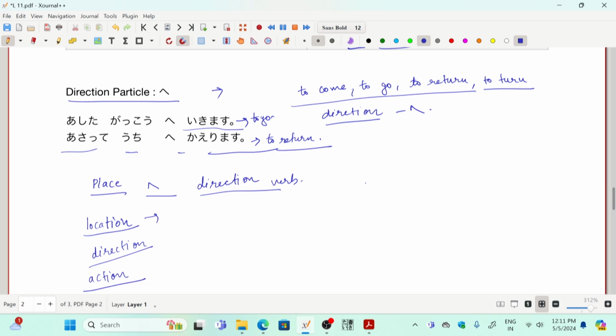So location verb will include to take rest. You take rest at some place. So rest is the location verb, or to live, or to sit. All these will be location verbs. Next is the direction verb. So to go, come, return come under the direction verb. And action verbs are verbs where some actions are involved.